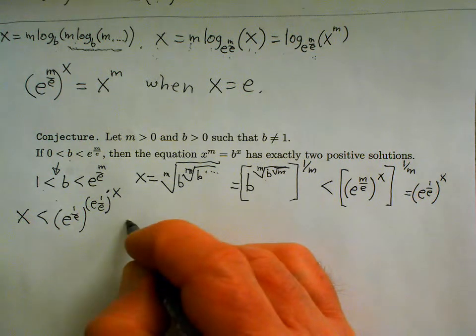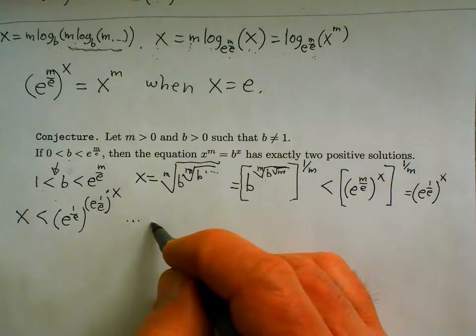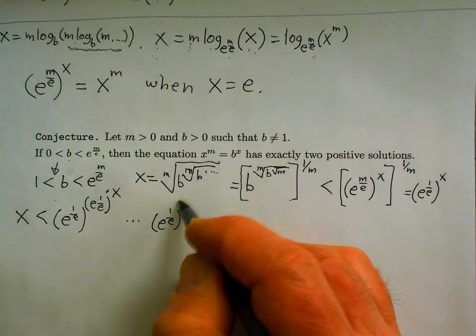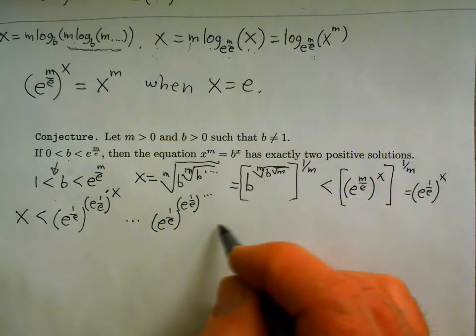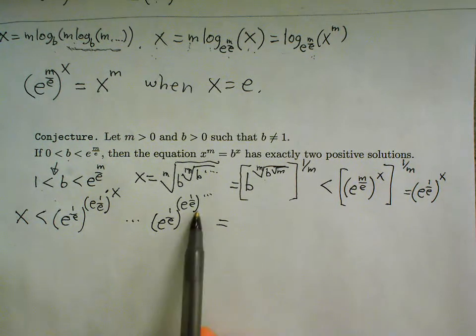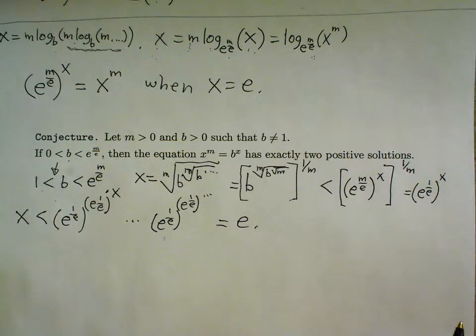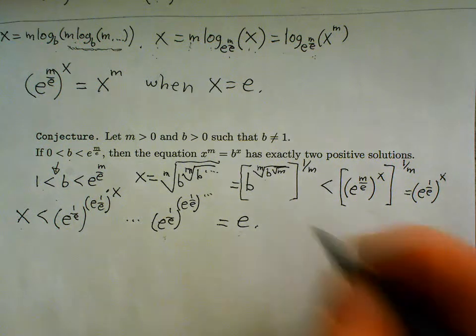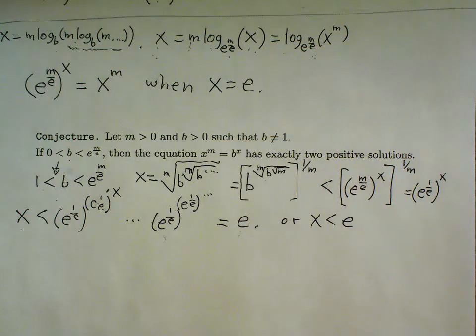And if we keep doing that forever, we get x is less than e to the 1 over e raised to the exponent e to the 1 over e, and so on. But as we saw earlier, this simplifies to e. So this time, x is less than e. That's one of the positive solutions.